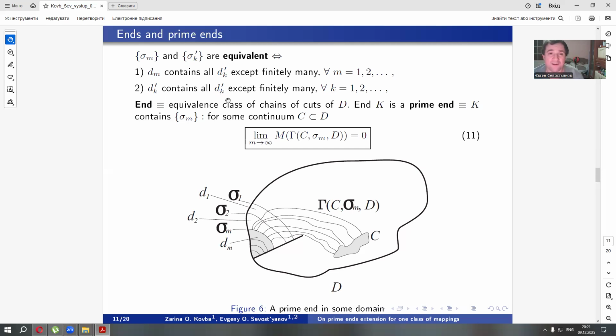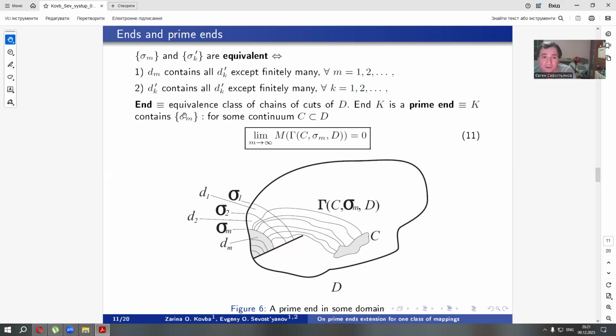Here is a draft mistake. Here, dk prime contains all dm, it must be Dm, not dk prime. Here it would be dm as here.